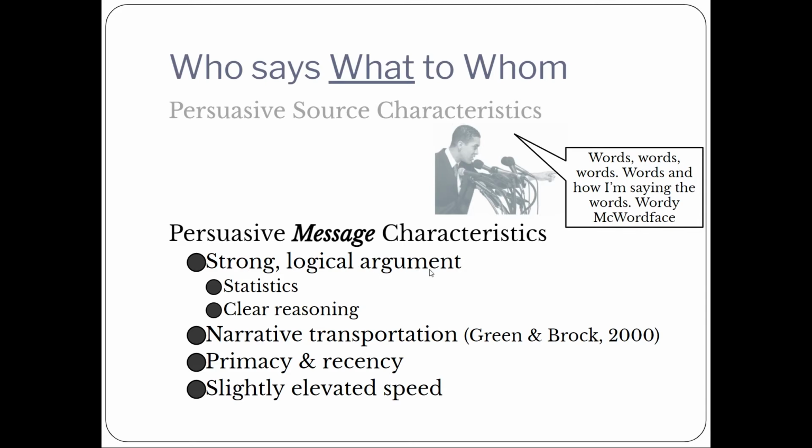Primacy and recency. So in a message, maybe we have a lot of arguments. The thing that appears first in the message, or the first argument, would have a stronger effect compared to something that appears in the middle. So first impressions, or things that come first, are especially important. So a tip: put your strongest argument first in your message.